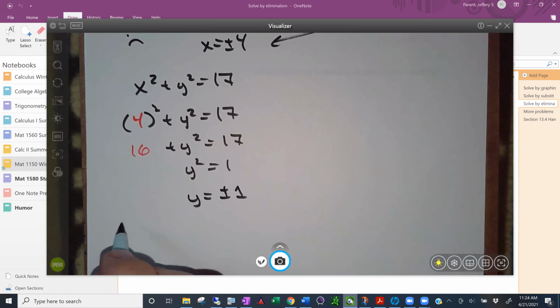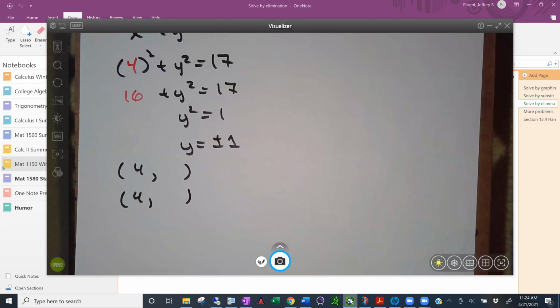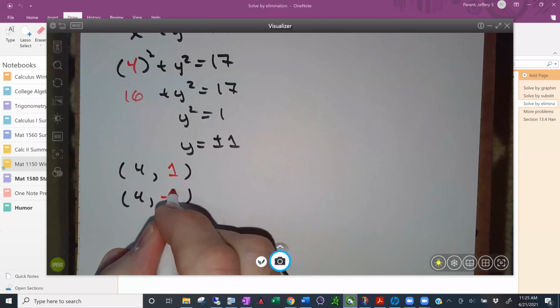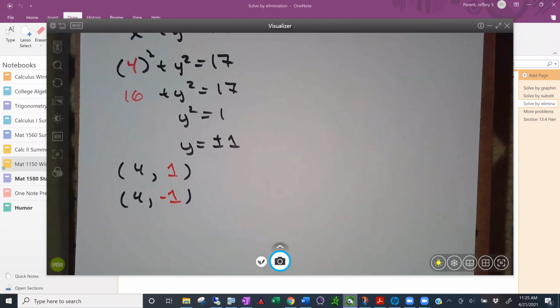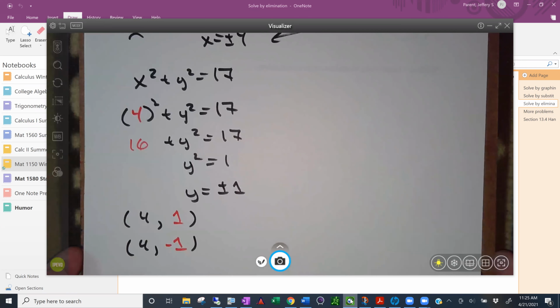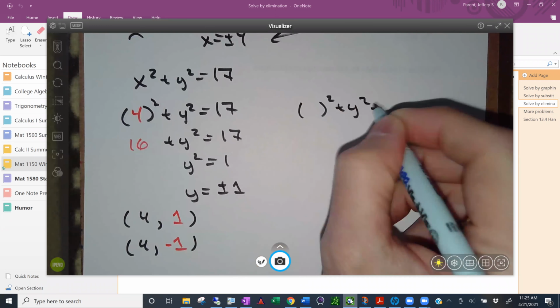Now let's keep track of what we got here. When I set x equal to 4, I got two possibilities. I got y was equal to positive 1 or y was equal to negative 1. You've got to go back and do the same thing with x equal negative 4. Now maybe you can see that if x is negative 4, it's really going to work out exactly the same way.